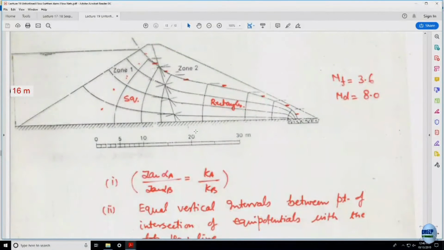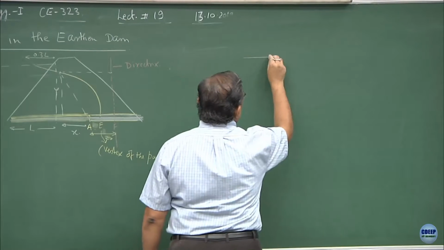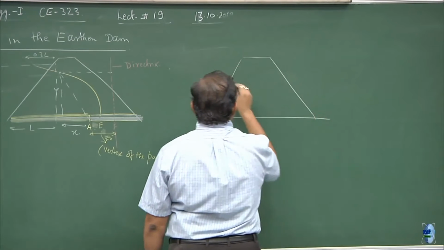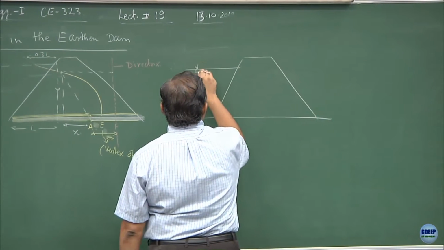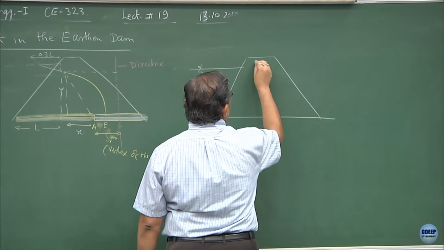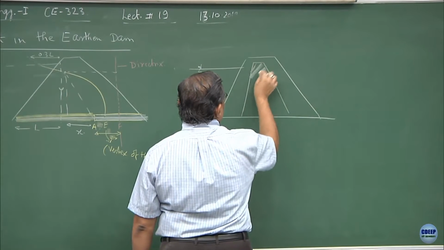One I did is by maximizing the H value and getting the value of Q, which is the inverse process. Another better way would be if I design, let us say, a core of an impervious material in between. So, suppose this is the upstream water level, and if I want to check the seepage taking place through this, I have to put an impervious core.